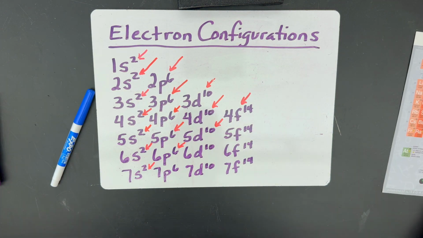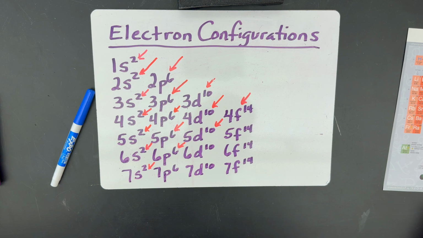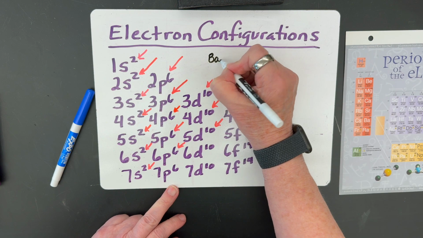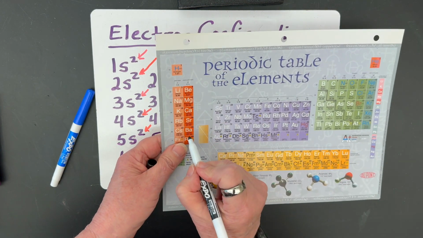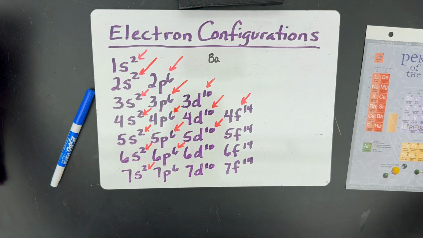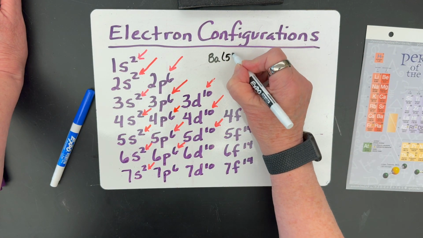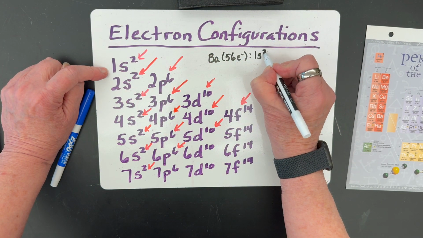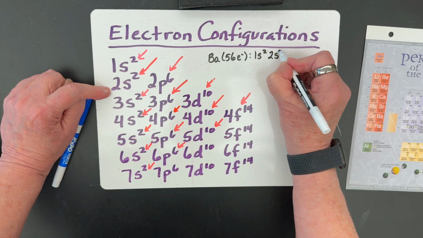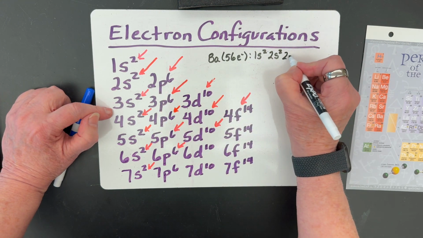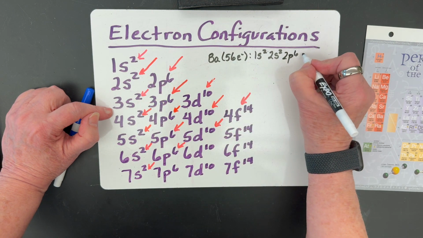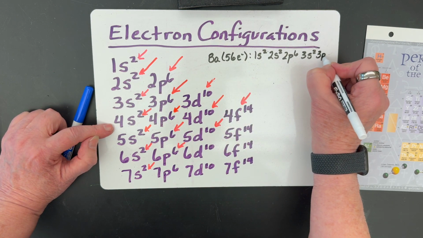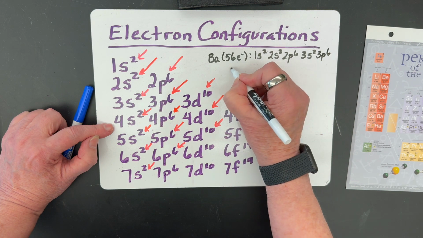Let's do one more using this method. So for this one, let's do barium. Barium is much larger. Barium's way down here, and it has 56 electrons that we need to place. So we're going to start out the same way. 1s takes 2, 2s takes 2, 2p takes 6, then 3s takes 2, then 3p takes 6, then 4s takes 2.